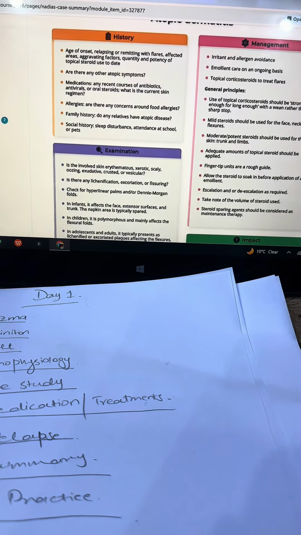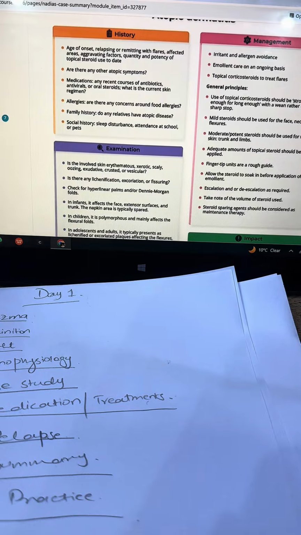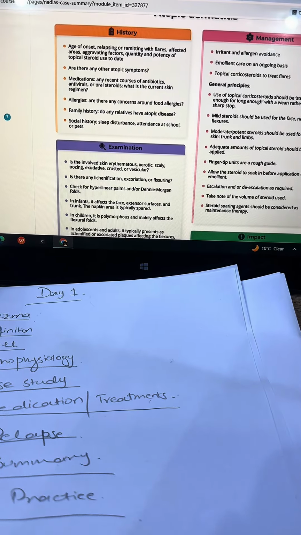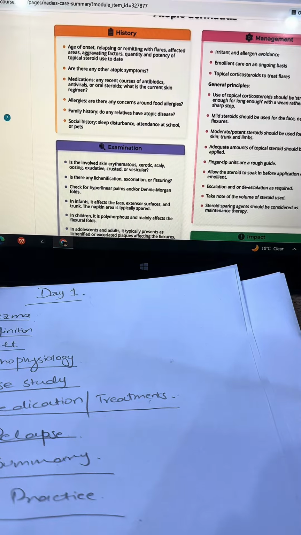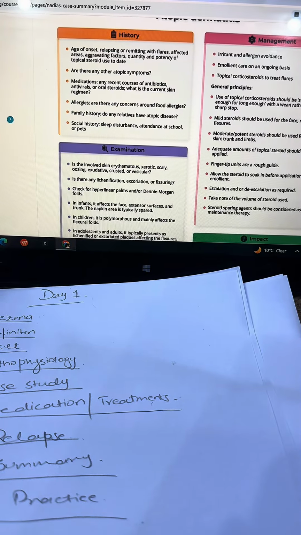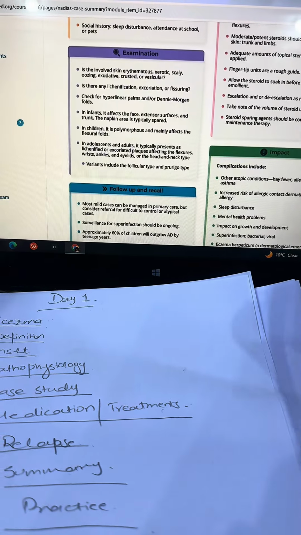Fingertip units are a rough guide. Allow the steroid to soak in before application of the emollient. Take note of the volume of steroid used. Steroid sparing agents should be considered as maintenance therapy.